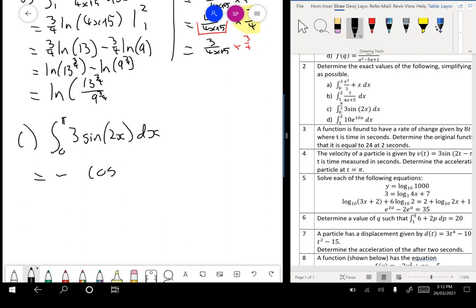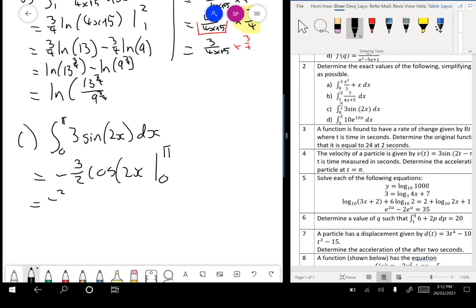That number that was in front always just stays behind. And then we divide by the derivative of the inner. Remember with chain rule, for derivatives, we times by the derivative of the inner, but integration is undoing that. So for integration, we've got to divide by the derivative of the inner. So we're going to divide by that derivative of the inner, 2x. And I'm going from 0 to pi.